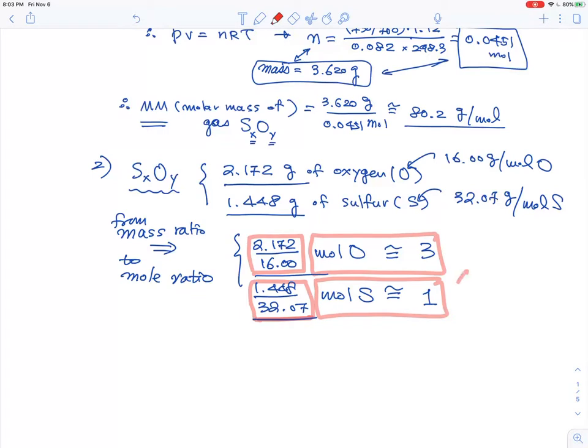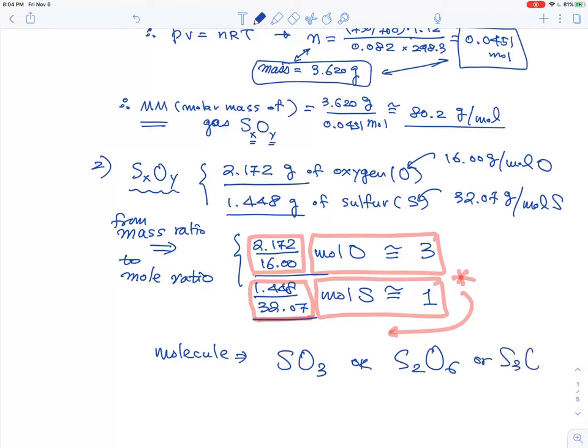This crucial information tells me that the molecule is either SO3, or S2O6, or S3O9, and so on. As long as you can maintain the 1 to 3 ratio, this is valid.